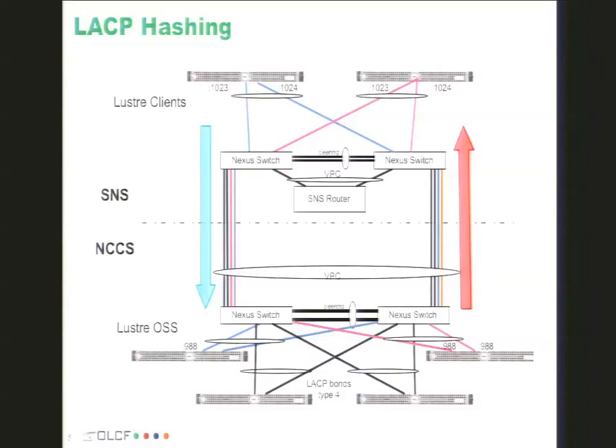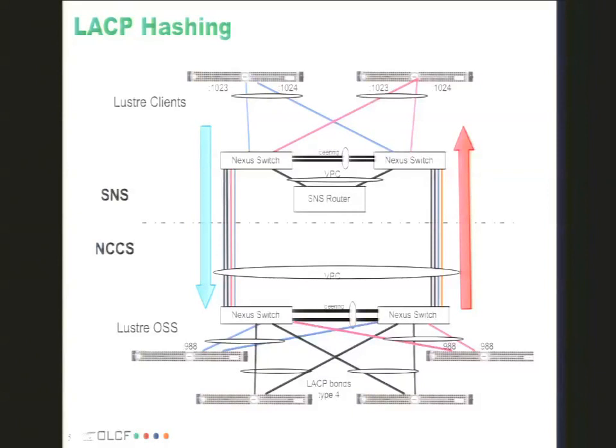The important point here is that to get full bandwidth from the Lustre clients to an OSS, we need to have 2 flows so that we'll use both links. A single flow is going to be hashed over the 4-tuple of source IP, source port, destination IP, and destination port.